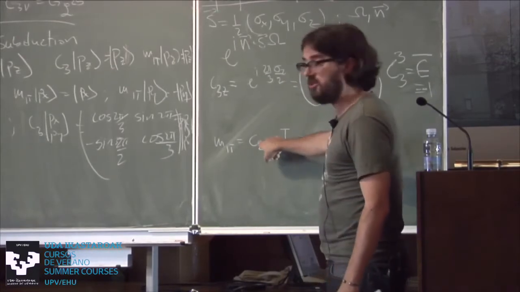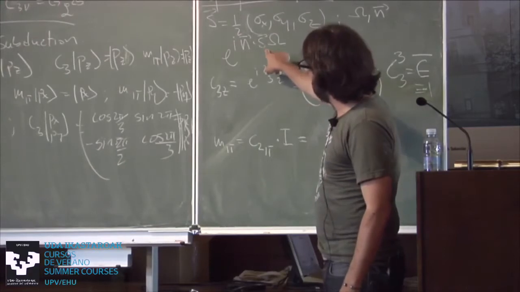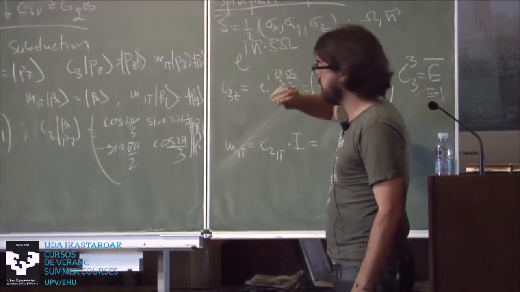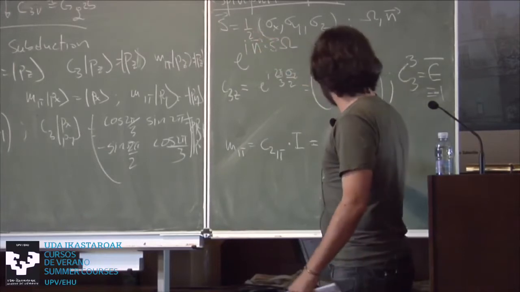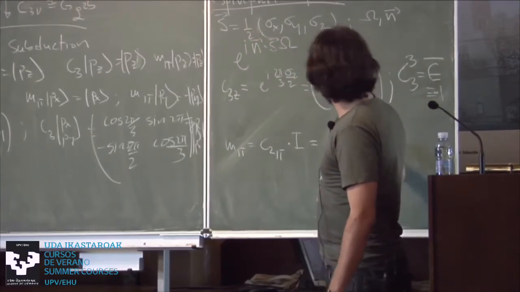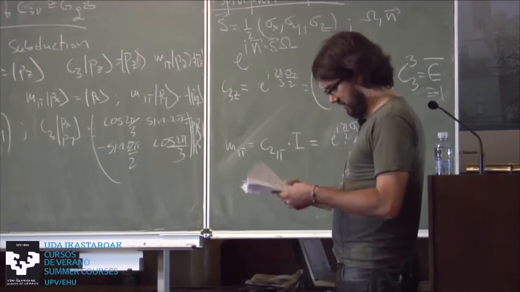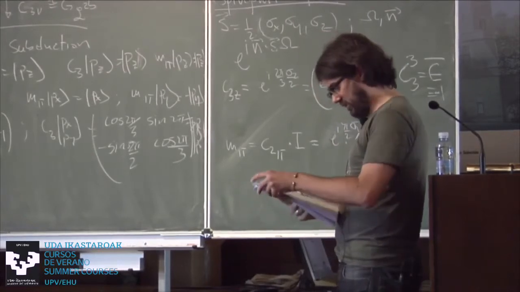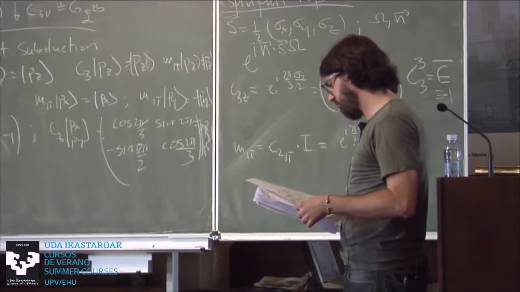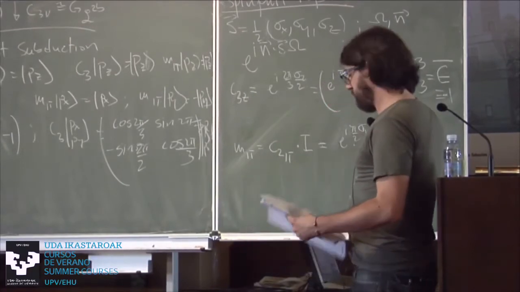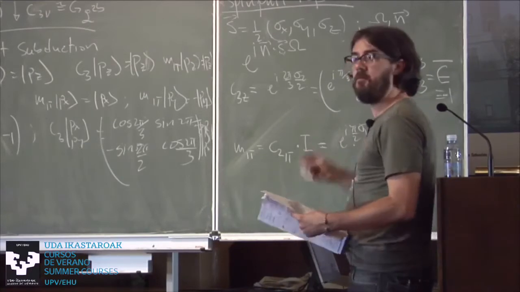So as a representation, it's just a representation of C2, but a representation of C2 is just rotation by pi, and this I have a pi over 2 here. So this is just e to the I pi over 2 sigma y, if I haven't messed up anything, which I didn't. Right. So this is just I sigma y.